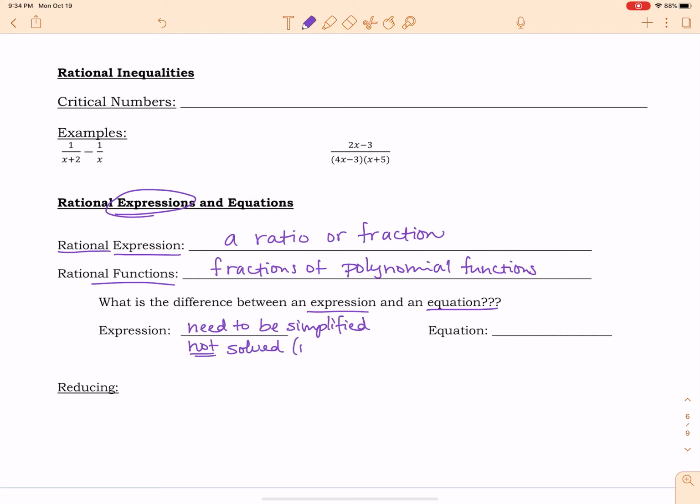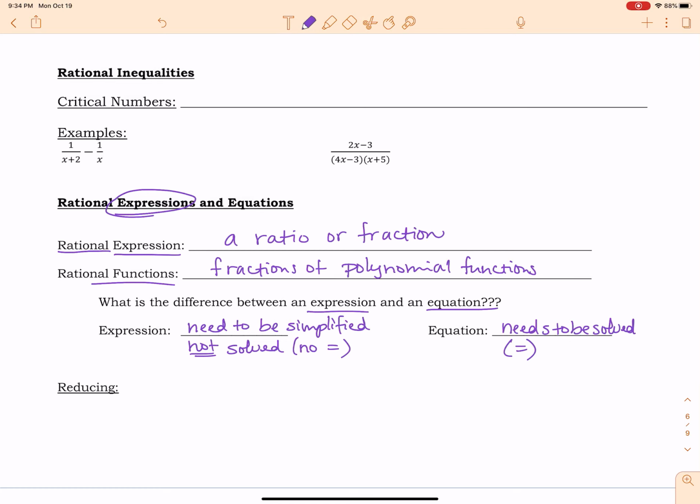Okay, these have no equal sign. An equation, on the other hand, needs to be solved, and of course they have an equal sign.